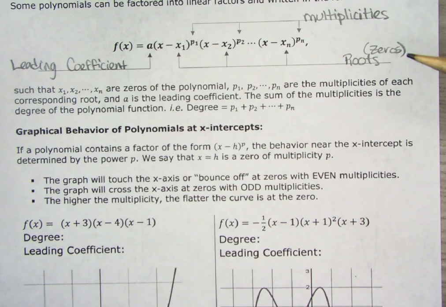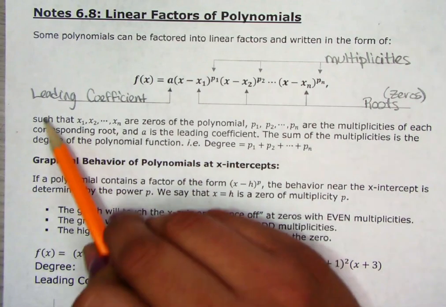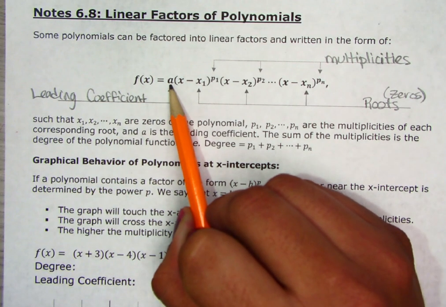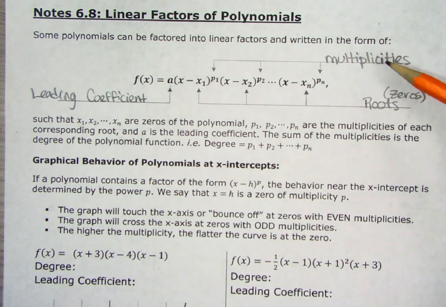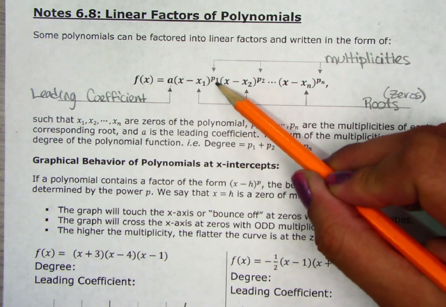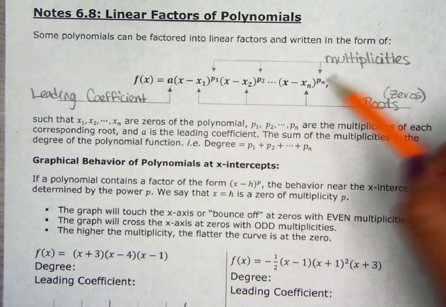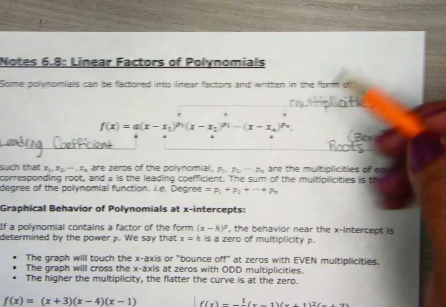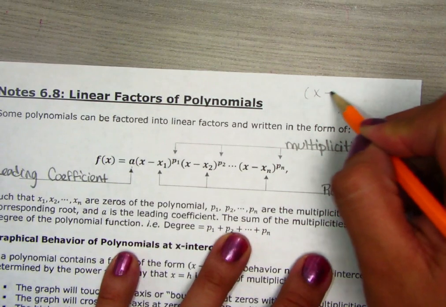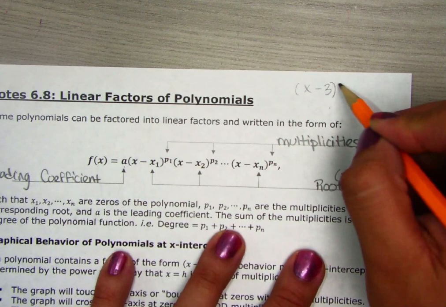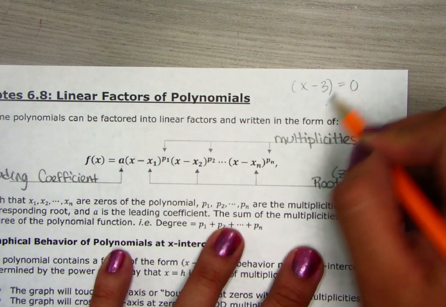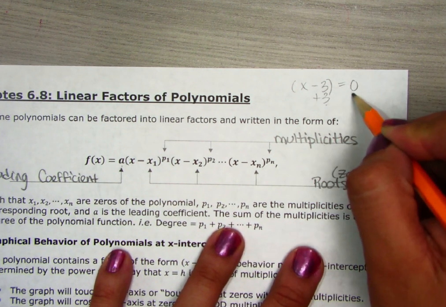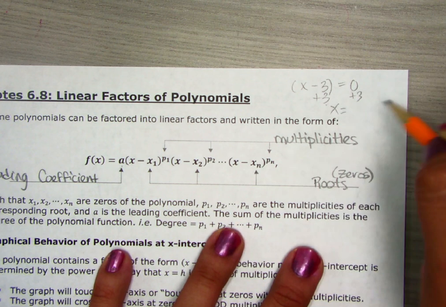So things you're going to have to look for are, for example, the leading coefficient, which is at the very front, and then the multiplicities, which happen to be the exponents on each binomial, and then the roots, which, if you recall, anytime you have a binomial like x minus 3, and you set that equal to 0 and solve for x, that gives you the x-intercept.